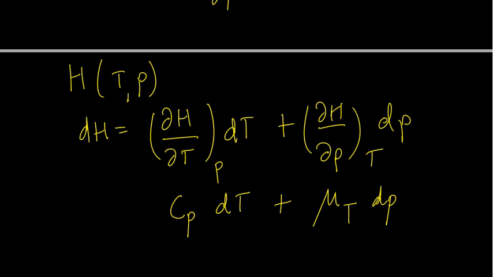But essentially, if I look at this, I know that my dH at constant pressure is nothing but the heat exchange. And that is a more natural definition of the heat capacity.